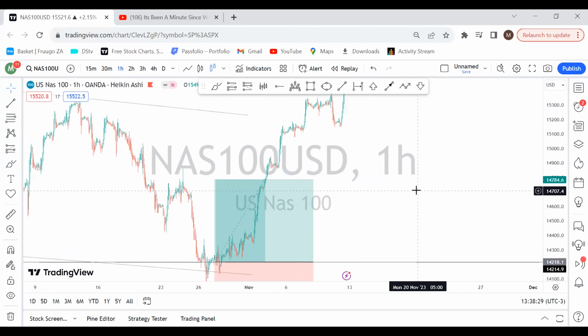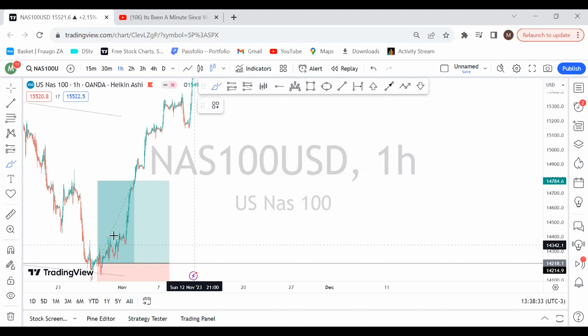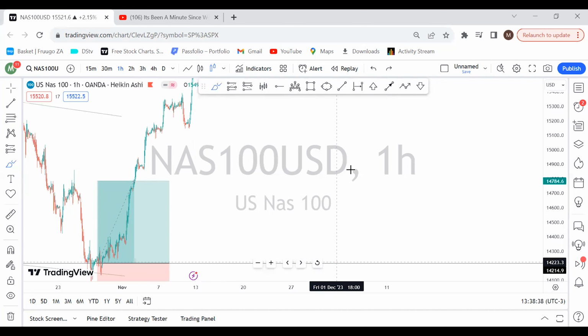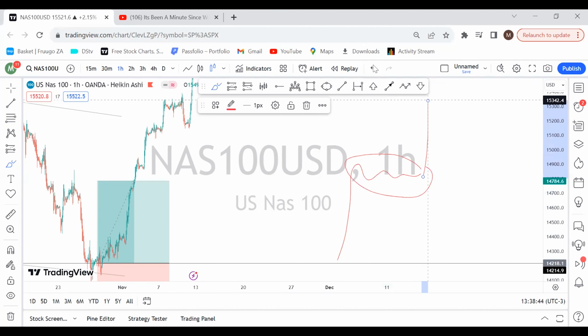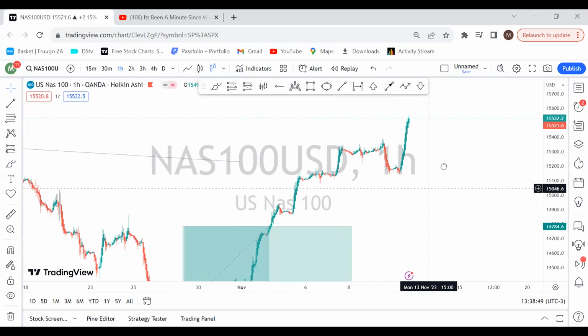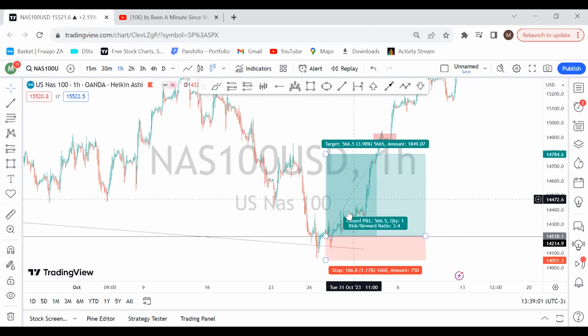So from that point, for you to catch maybe other entries, if you didn't catch this one right here, you'd wait for the market to give you a nice impulse and then a correction. So that correction, you're going to continue with the price going up. So let's look for these corrections. So you can see here we have a bit of correction, but it's very small compared to the size of the impulse, right?